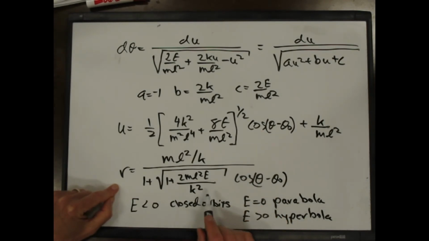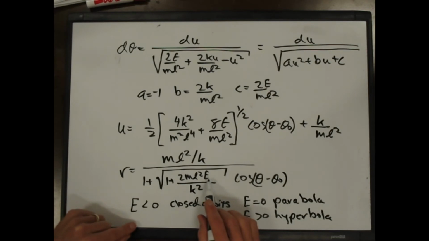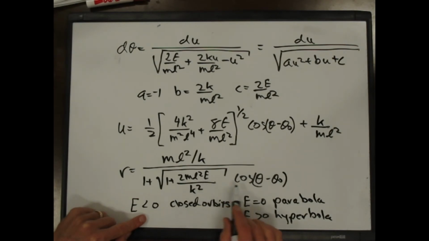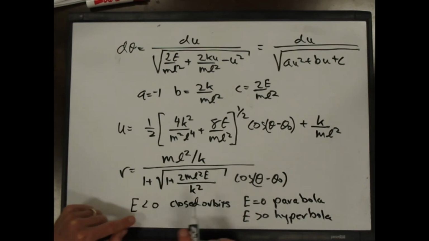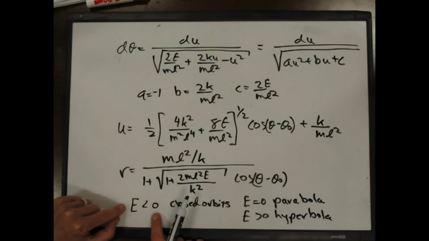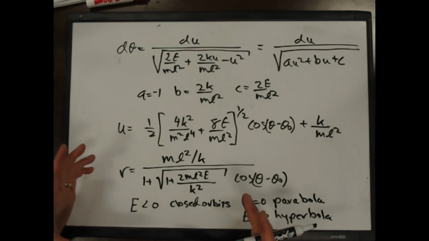And so we'll write that on the next screen, but you can see already that when this coefficient is less than 1, in other words, when E is less than 0, we get an ellipse, or a closed orbit, ellipse or a circle. And so total energy less than 0 is a closed orbit, and that's what we were talking about earlier.